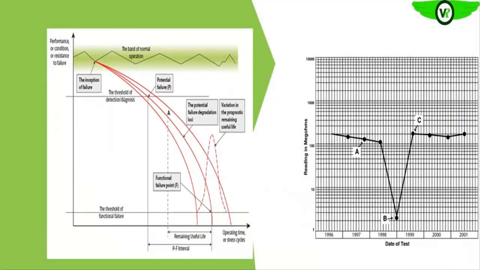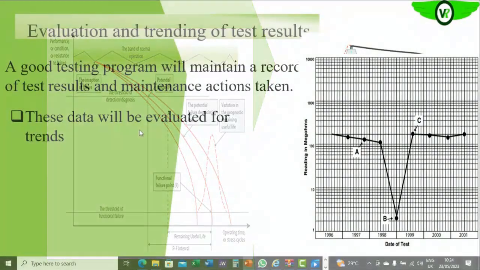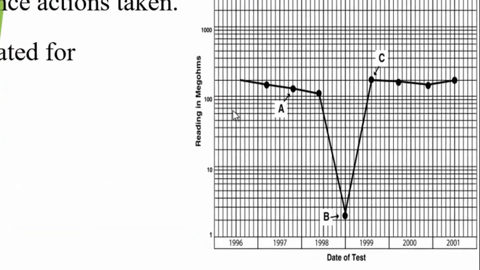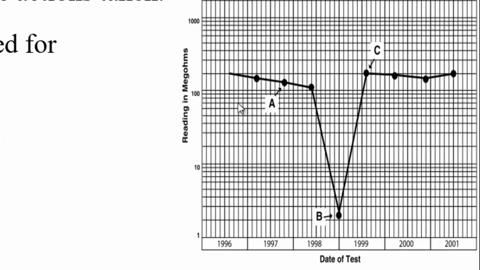So you look at this data for trend. Look at, for example, what you are seeing on the right of your screen now. This is insulation resistance reading, in megohms, as against the time. You see the various times that these tests were done.